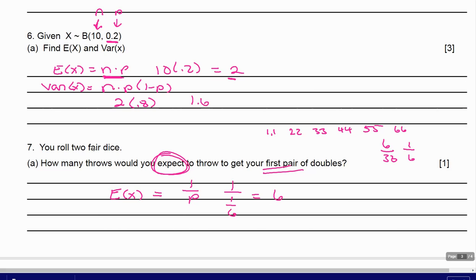If the probability of getting doubles is 1/6, doesn't it make sense theoretically that the first time you would get your first pair of doubles is on your 6th roll? Now, it doesn't mean, but that's how we find the expected value. 1 over the probability of success. Okay, good with that?